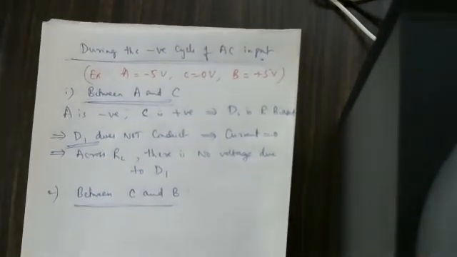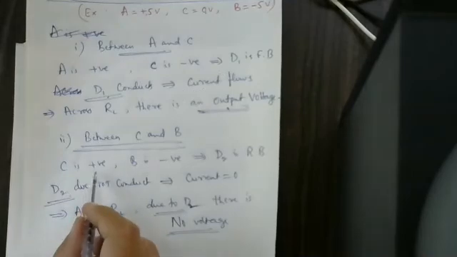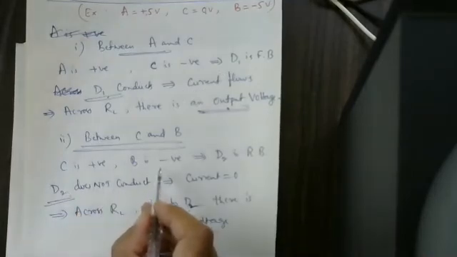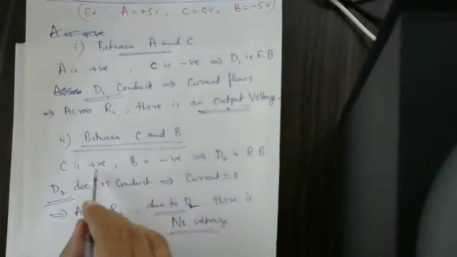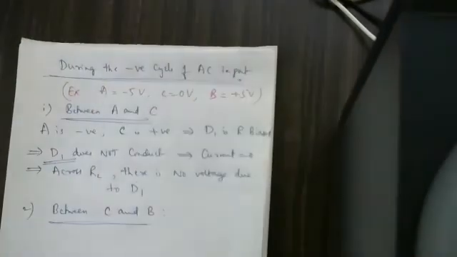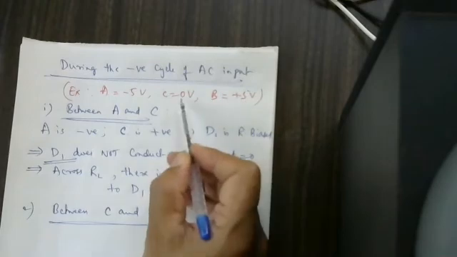Between C and B. In the previous case, C was positive and B was negative. But now C is negative, B is positive. Compared to this one, this is more positive, this is lesser positive.